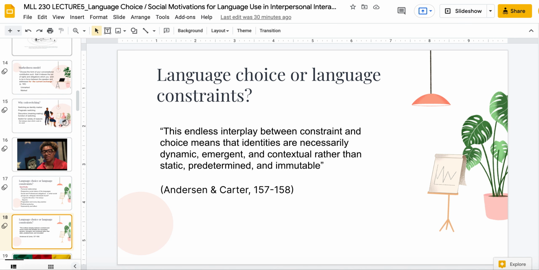So this is from your textbook. This is something that I really liked, this quote. The endless interplay between constraint and choice means that identities are necessarily dynamic, emergent, and contextual rather than static, predetermined, and immutable, right?